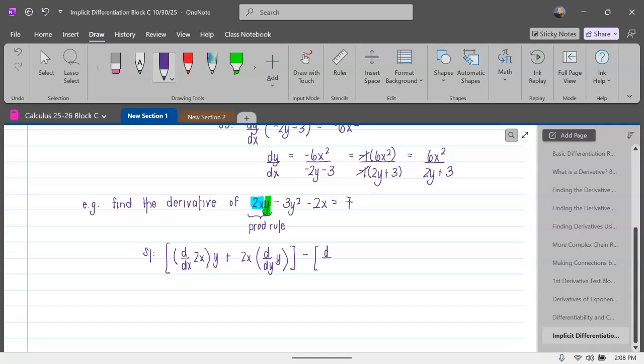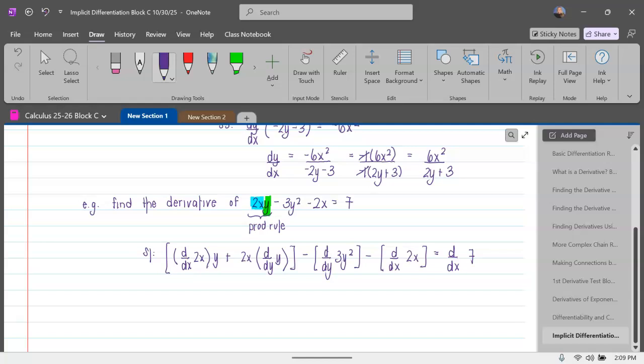Minus, we're going to take the derivative of 3y squared minus the derivative of 2x equals the derivative of 7. Okay? I just wrote this out. You don't have to write it out every time. I'm just writing it out so you guys can see what we're doing.